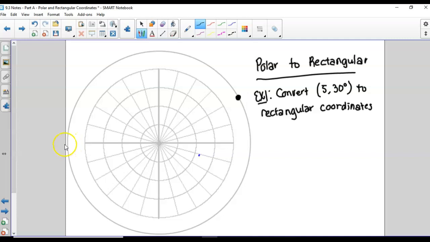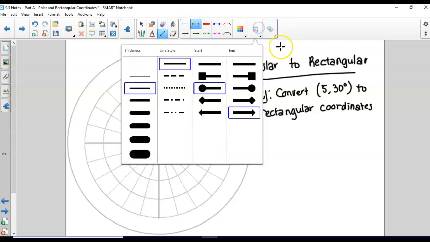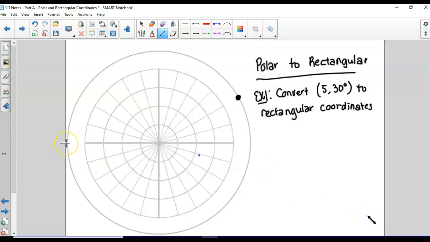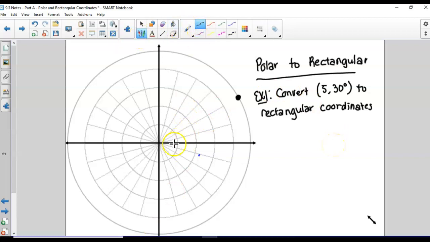Okay, something to keep in mind whenever you're doing this is that the axes on your polar graph paper are the same as the axes on your rectangular graph paper.